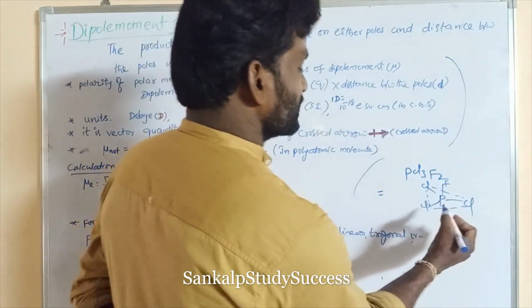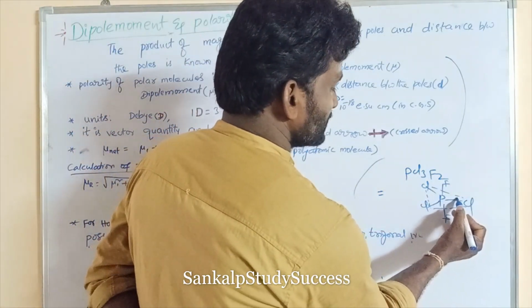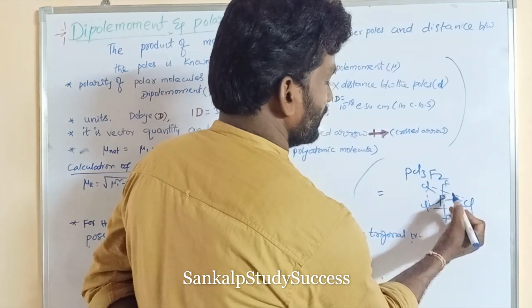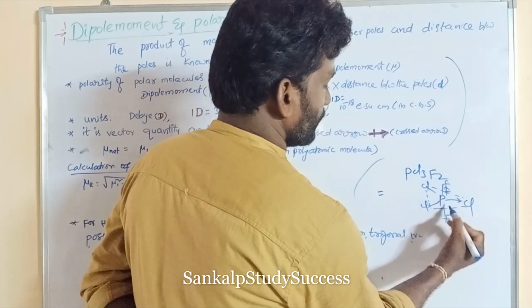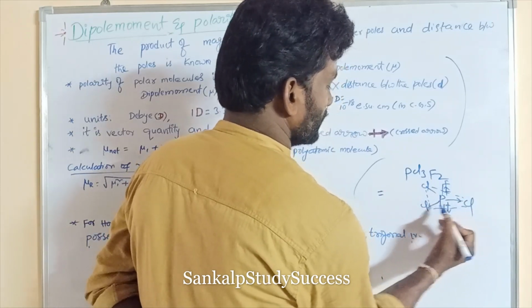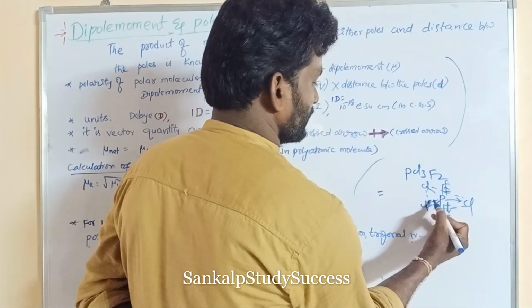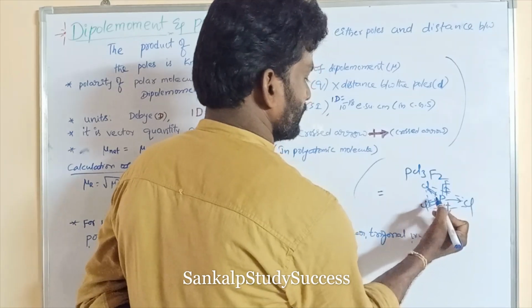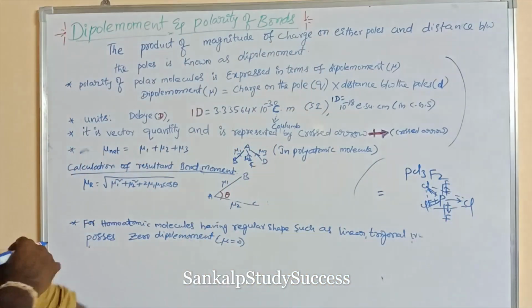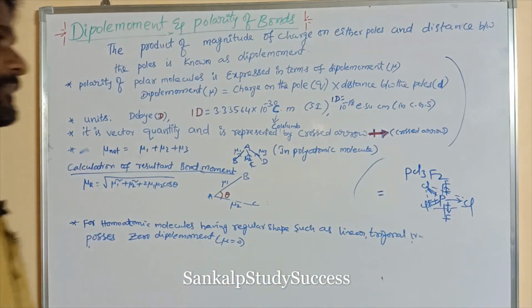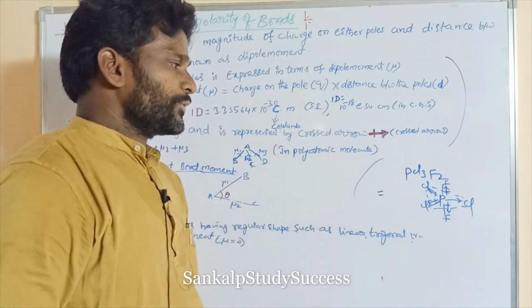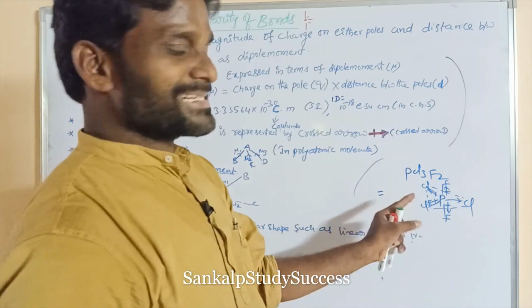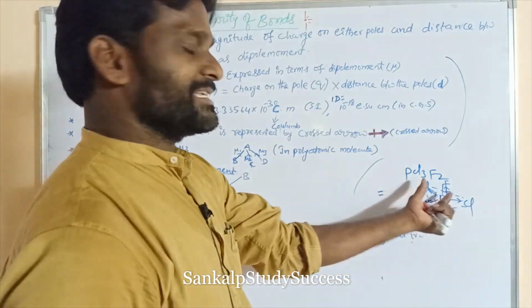Vector quantity means here the bond is shifted towards chlorine, this bond is shifted towards fluorine, here the bond is shifted towards fluorine, similarly. Now the net dipole moment of this molecule is equal to the vector sum of all these bonds.